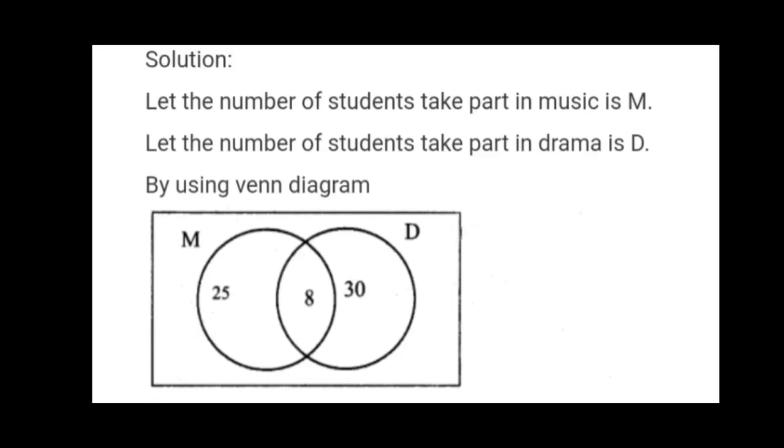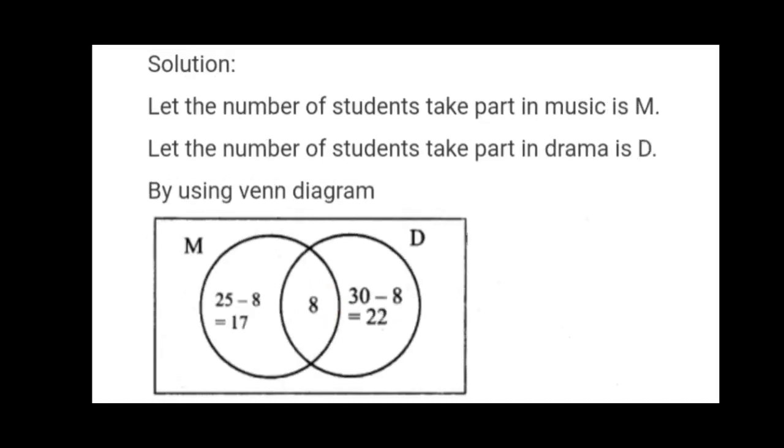So what we should do, we should subtract this common element from 25 as well as from 30. Then we will get 17 and 22. That is, 17 denotes this part only, music only, and this 22 refers to drama only, because 8 students are participating in both music and drama.